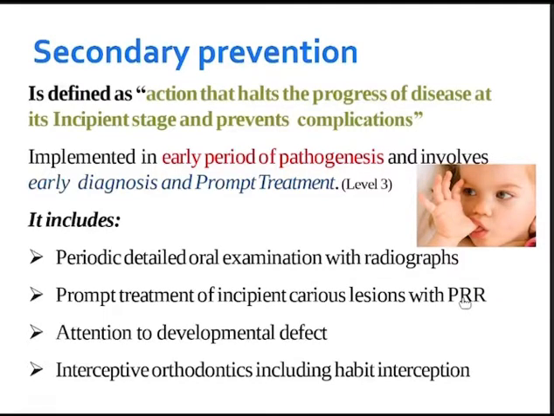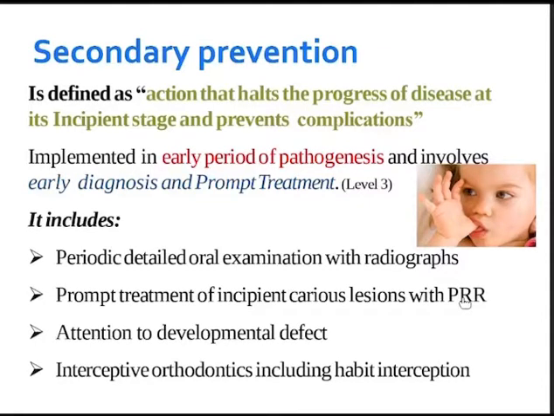For example, a 10-year-old child comes to you, and he has a first permanent molar in which only the central pit is carious. What you do is restore only the central pit, and for the remaining fissures you give a sealant.